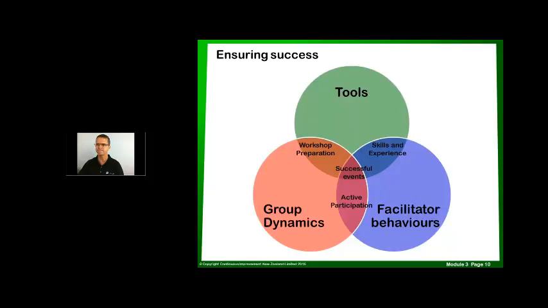A good facilitator will get the group involved, and a good facilitator will consider the tools that are needed based on the dynamics of the group. Bringing all these things together, you have a successful event. Without one of these, the event is unlikely to be successful.